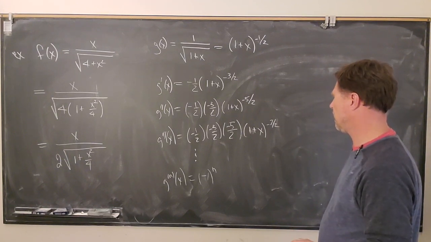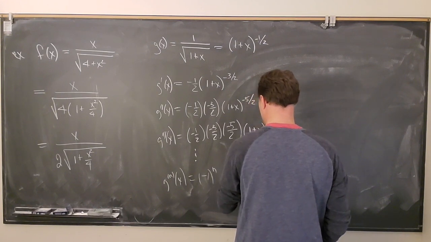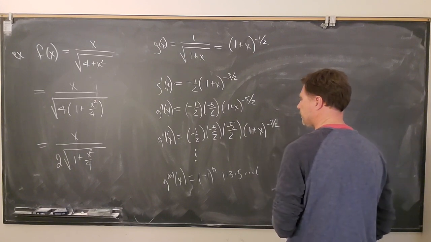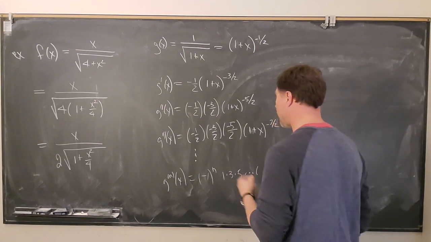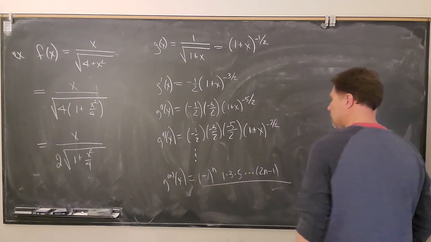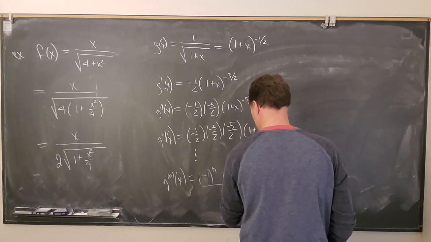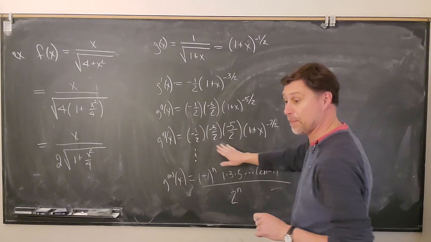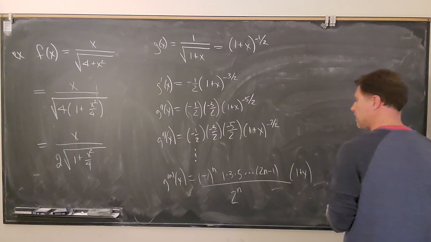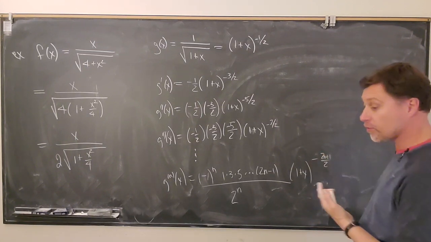And then we're multiplying 1 times 3 times 5 dot dot dot, and eventually we get to the nth odd integer, so that would be a 2n minus 1, divided by 2 to the n, right? Because there would be n factors of 2 in there. And then it'll be 1 plus x raised to the minus 2n plus 1 over 2. So there's our formula for the nth derivative.